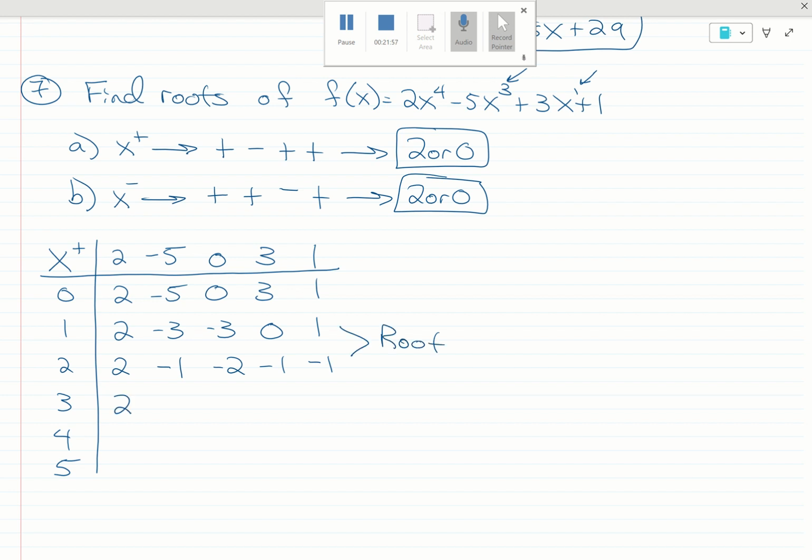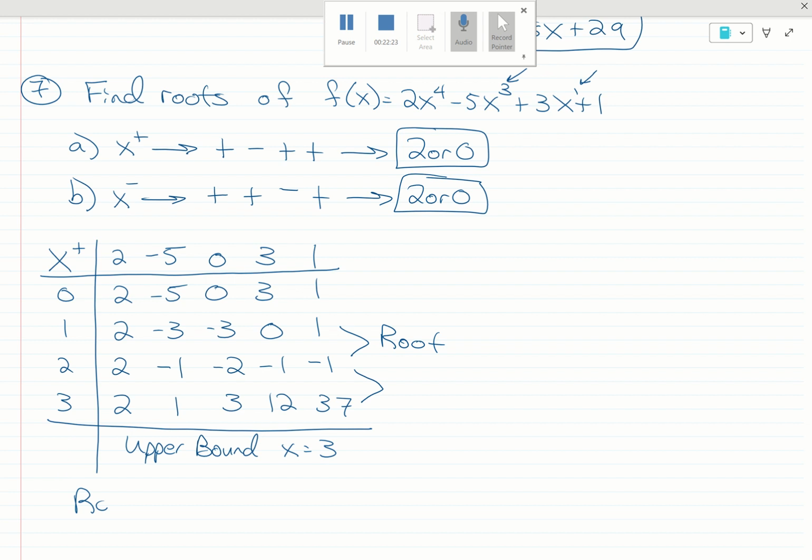Bring the 2 down. 6 and negative 5 is 1. This would be 3. 9 and 3 is 12. 36 and 1 is 37. So we have another root, and we also hit an upper bound when x is equal to 3.